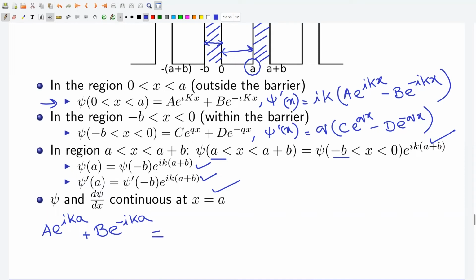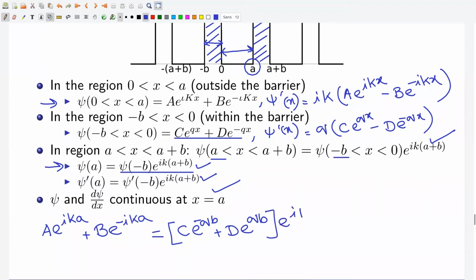And this part is equal to psi of a given by this expression: psi of minus b times the phase factor e power ik(a plus b). From this equation, psi of minus b is C e power minus qb plus D e power qb. And then we have the phase factor e power ik(a plus b).